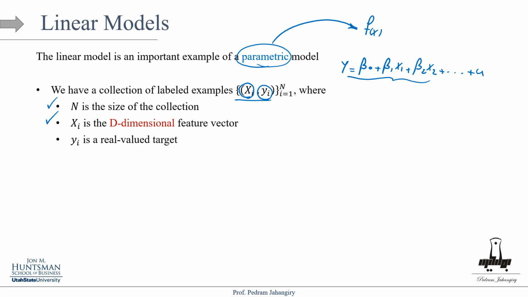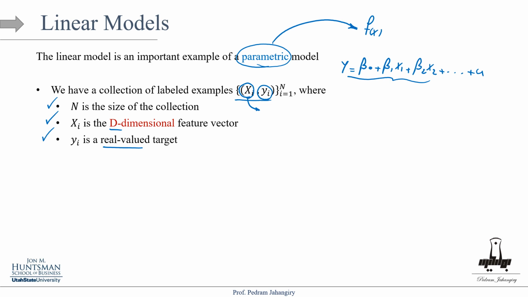So for example, if you're trying to predict wage, the features can be experience, education, gender, age, and so on, right? It's a d-dimensional vector, and y is our real valued target variable. Because remember, we were talking about the difference between regression versus classification. If the target variable is real valued, continuous, we call it regression.